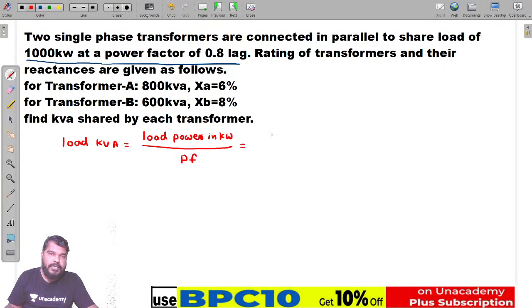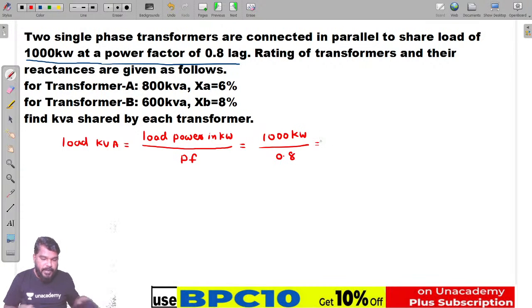So it is 1000 kilowatts divided by 0.8, which is equal to 1250 kVA.